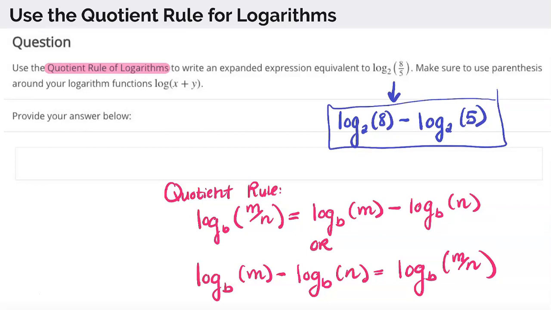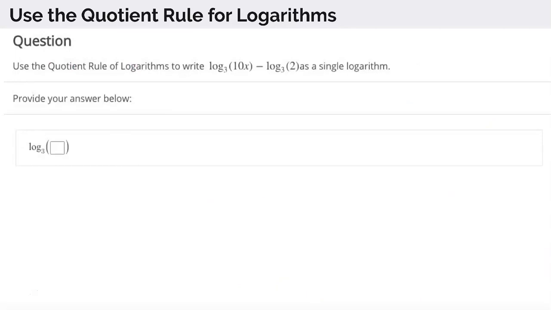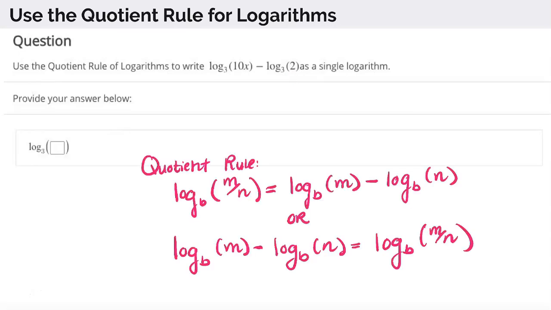Okay, and again, you might see questions like this where we're starting with kind of the first version of this quotient rule that I wrote, right? We're a single log of a quotient and we're splitting it into two pieces. Or we could see something like this where we're starting with a difference of two separate pieces and being asked to combine that into a single logarithm, right?